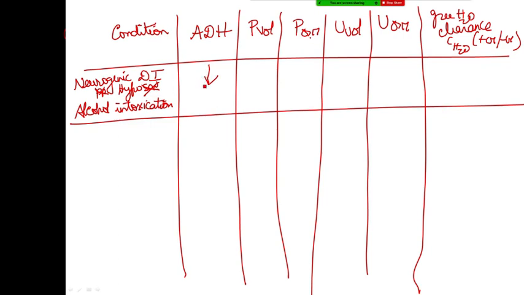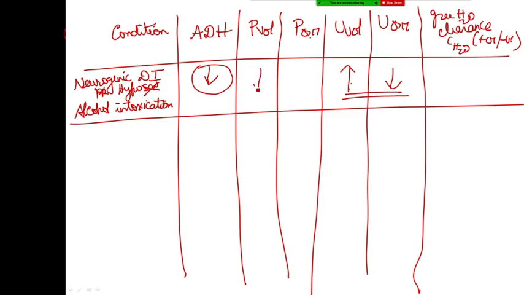Start from what happened first. ADH was suppressed, due to which water was reabsorbed or excreted? Excreted. So your urine volume increased. And if the volume is increasing, what should happen to the osmolarity? Urine is diluted. Decrease. If you're losing water in the urine, what's happening to water in your body? Decrease.